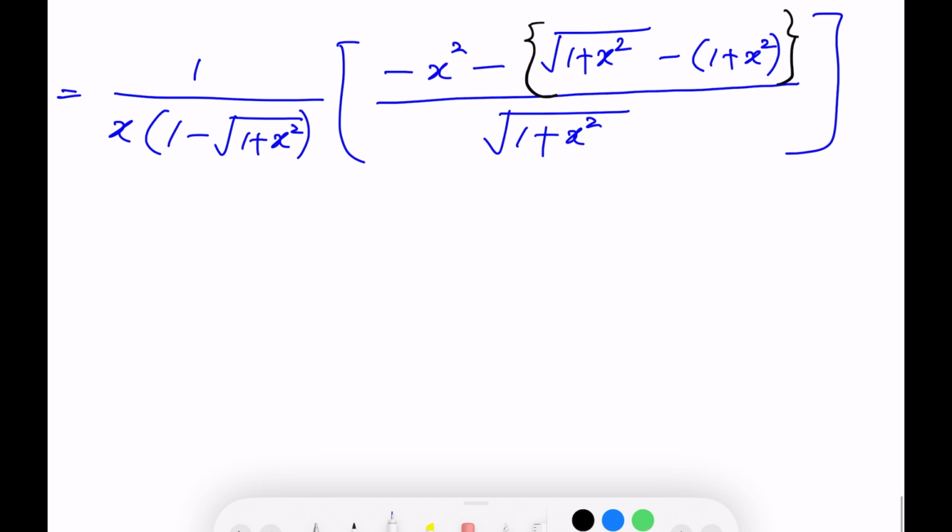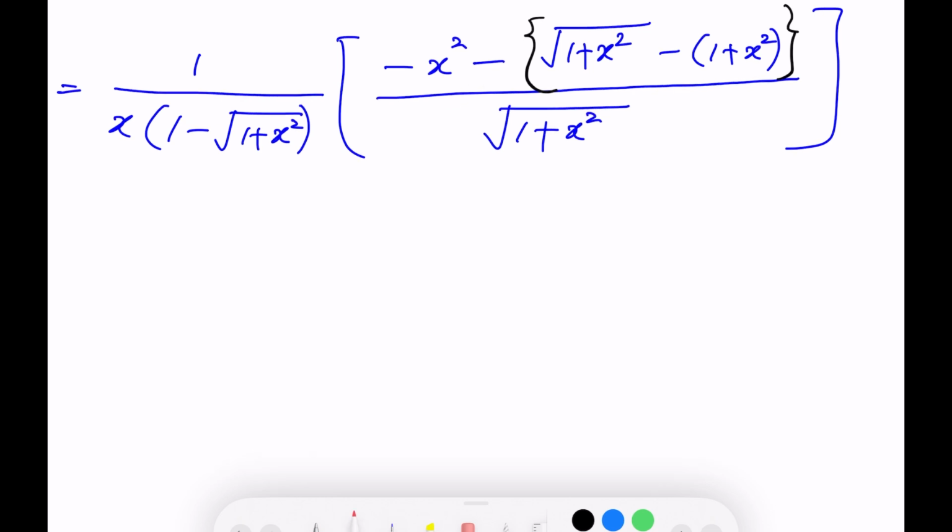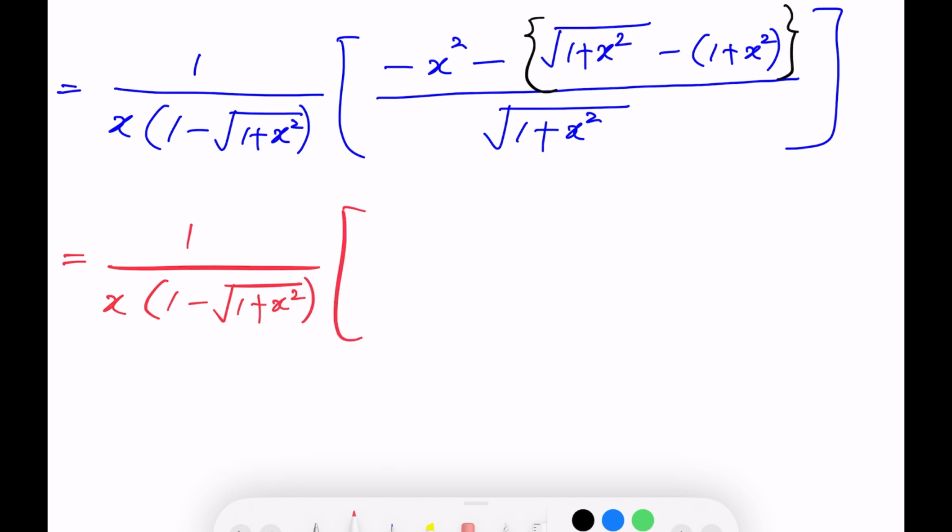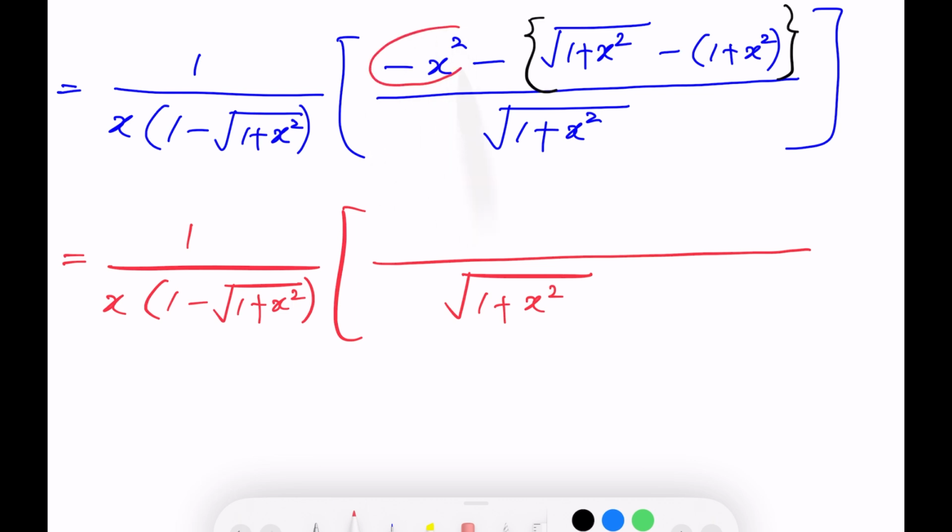Now I can do some further simplifications. All of this is equal to 1 over x times 1 minus square root 1 plus x squared, big brackets. In the denominator I have square root 1 plus x squared. On the numerator, the first term is negative x squared.